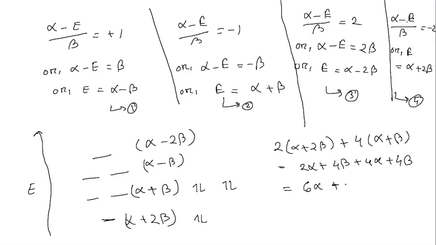Alpha plus, sorry, what did I do? 2 alpha plus 4 beta, na. I have to check this. I think I made some mistake here. One minute. If people are not asking any questions, I am also getting demotivated.